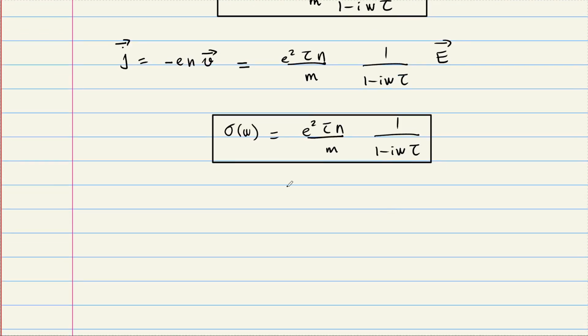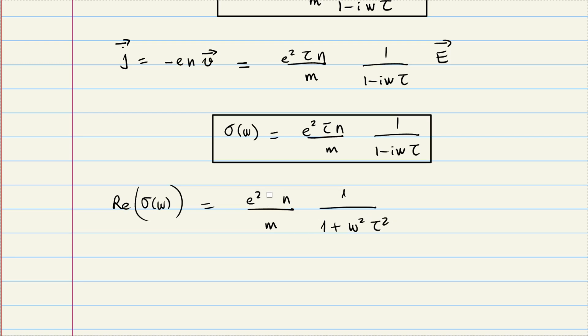Now, this thing you can see has a real part and an imaginary part, and the real part is the dissipative component, and the imaginary part is the so-called inductive component. Let's look at the real part: e squared tau n over m times 1 over 1 plus omega squared tau squared.